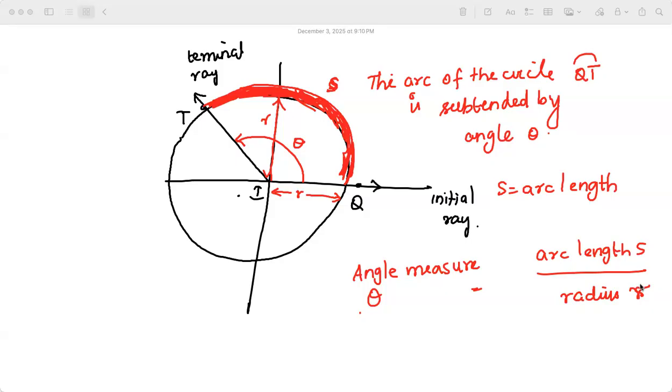Any questions here? No. This is quite an important part which we have arrived at: S by r. Make sense? Yes. Okay, we will do some problems in this, but those are all easy if you already understood the formula.